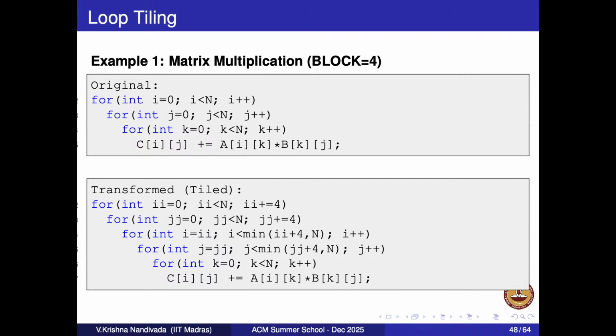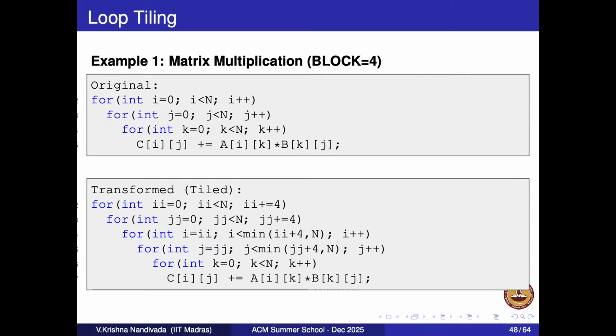I want to eliminate 4 by 4 tile. So my I loop, I'm taking 4 at a time. Just look at it. The initial was 0 to n plus 1. Here it is 0 to n plus 4. J loop, it is 0 to n plus 1. It is 0 to n plus 4.